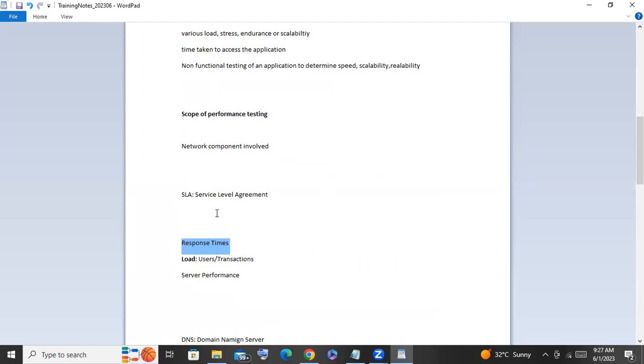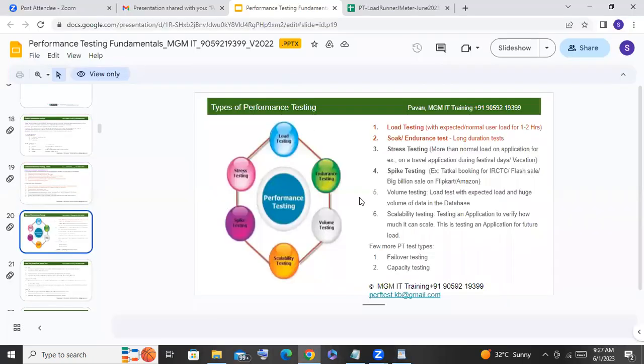We are trying to understand, when you put this particular kind of load, users or transaction load, on this application, whether the application is able to conform to the SLAs or not. If it is not able to conform to the SLAs, what would happen? If you try to open the Amazon or Flipkart application and it takes say 1 minute to open, then what would you do?